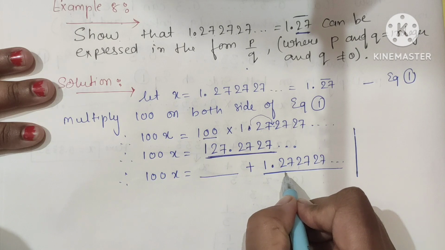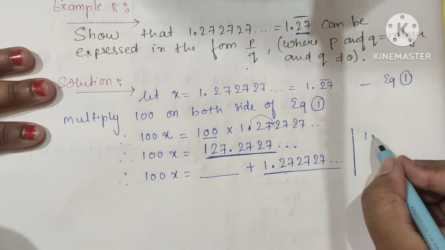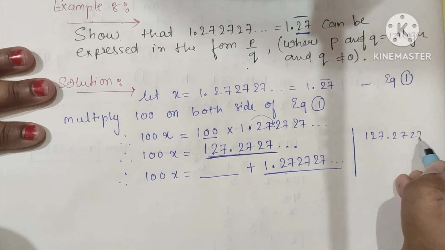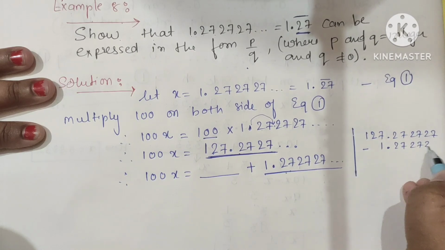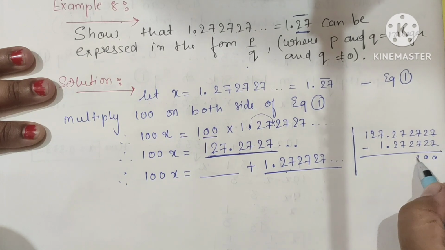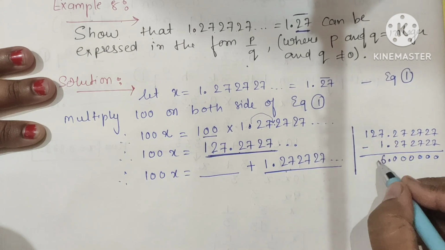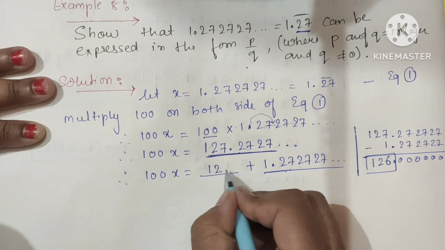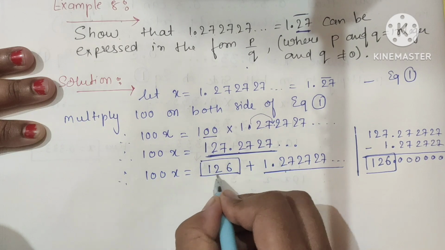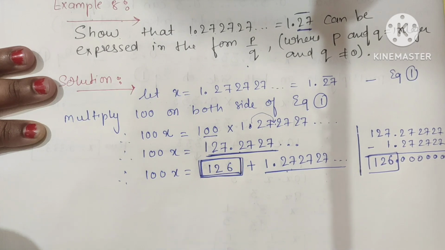So I am going to minus this number from this. 127.272727 minus 1.272727. 0.7 minus 1, that is 6 to 1. So here the number will be 126.